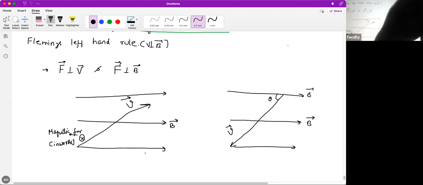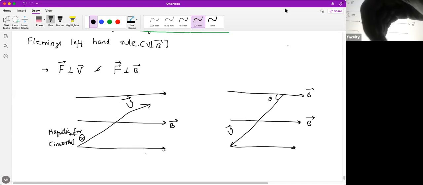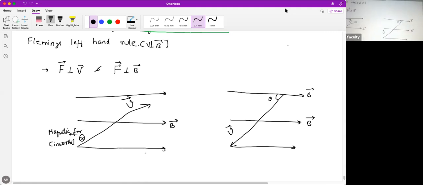Take your right hand, place it along the velocity in this way, and curl it towards the magnetic field. This is how you will curl your right hand. Thumb is going outwards. Yes, Mariam, are you getting it?